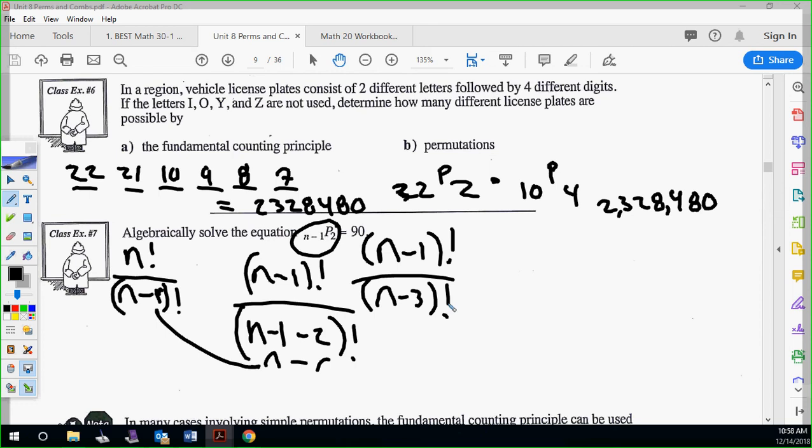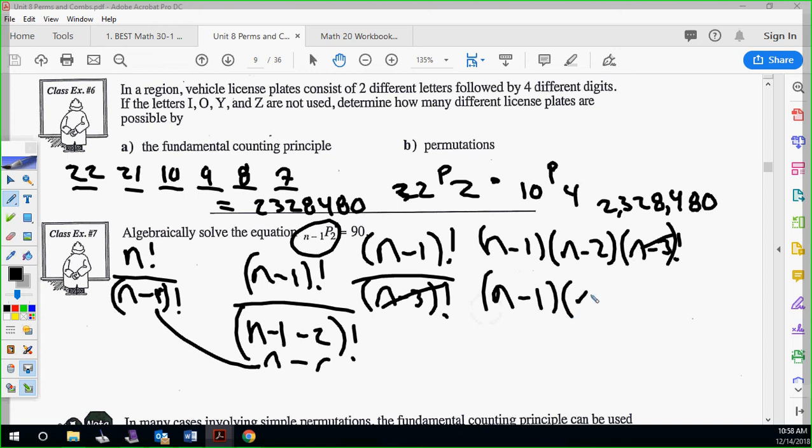Do you see the top is going to be n minus 3 factorial like that? So these cancel. So now you have it so that you can solve. n minus 1 times n minus 2 equals 90.